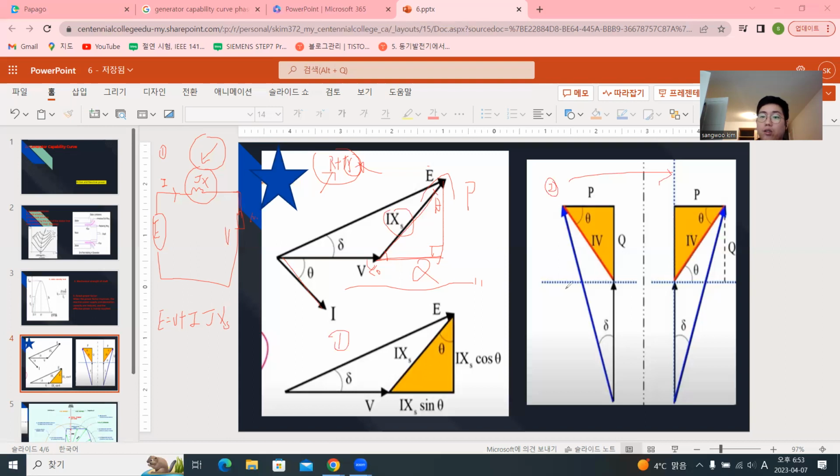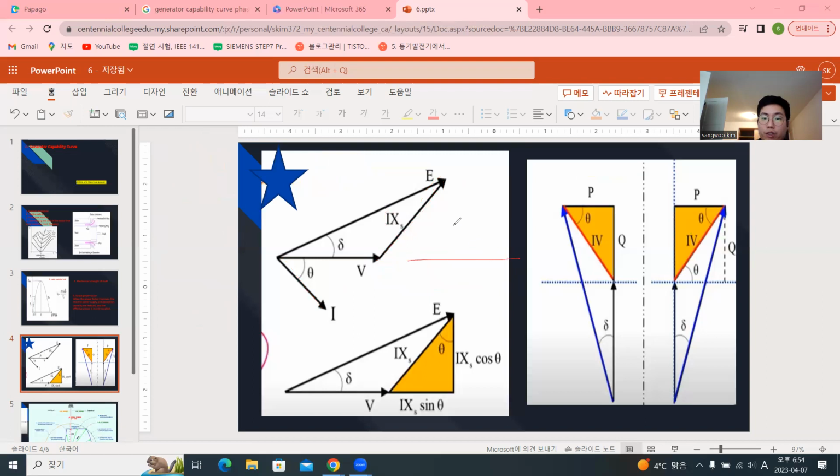Our general power system is here, so we want to make it P and Q. But in situation number two, P is on the minus side.